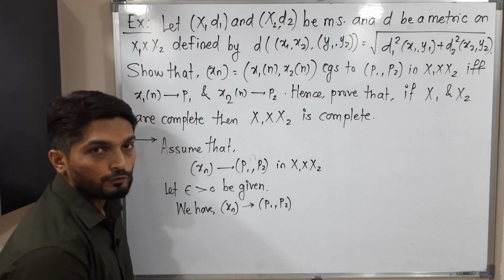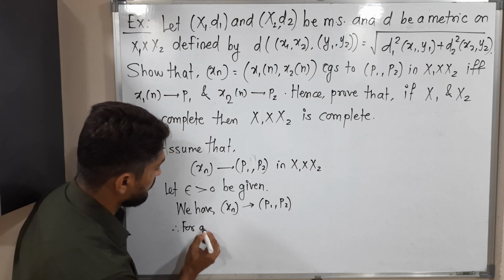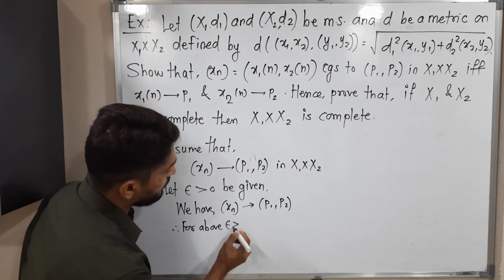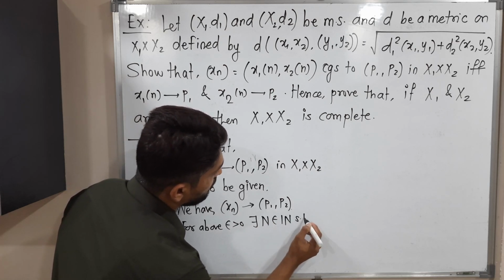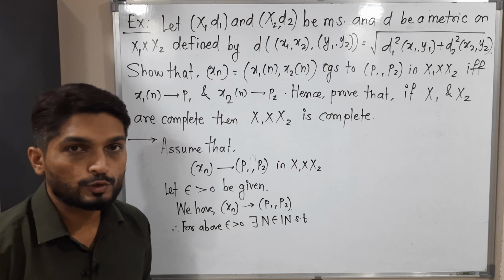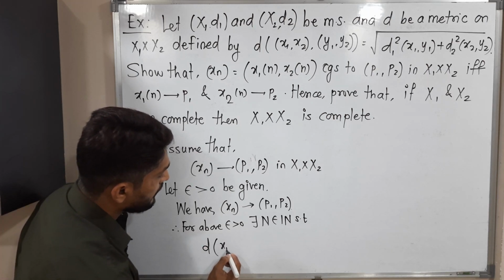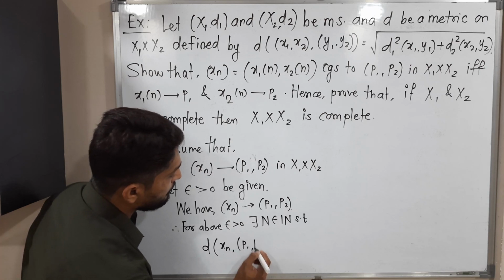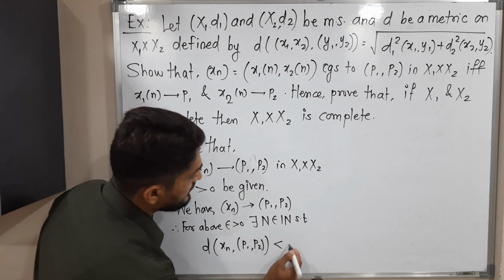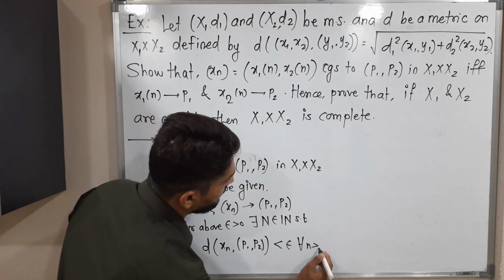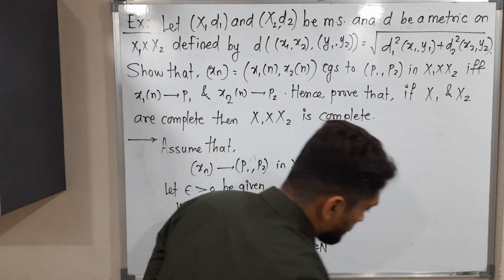So by definition of convergence, for the above epsilon greater than 0, there exists N belonging to the set of natural numbers such that d of (xn, (p1, p2)) is less than epsilon for all n greater than or equal to capital N. So by the definition of convergent sequence, I got this one.